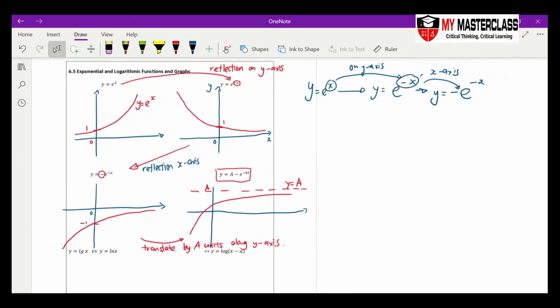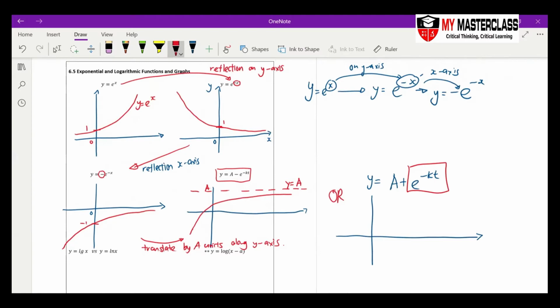Most of the time, you will be doing this. If I give you the graph y equals a plus e to the power of negative kt, first thing first, you look at e to the power of negative something. How does it look like? It is an aeroplane going downwards.